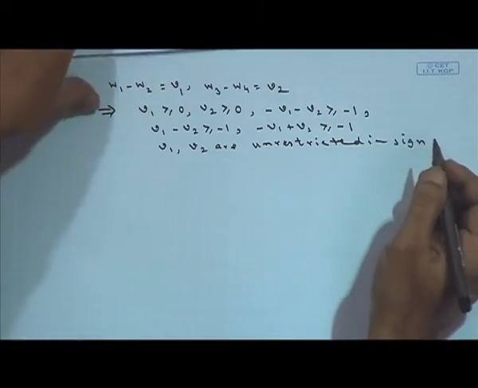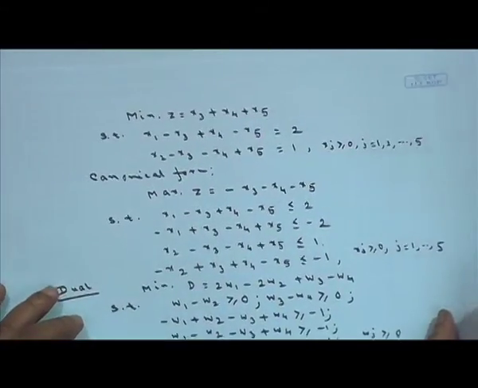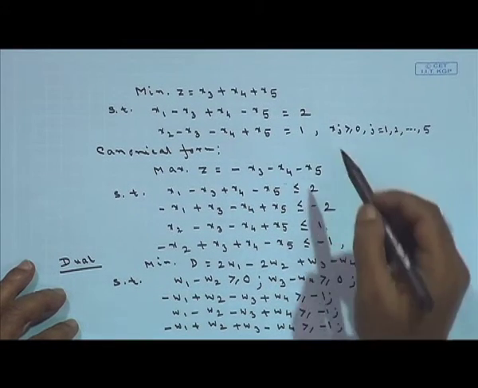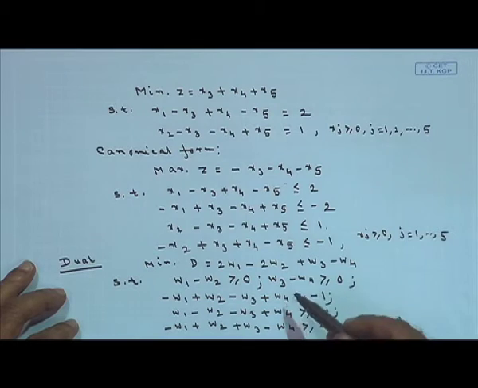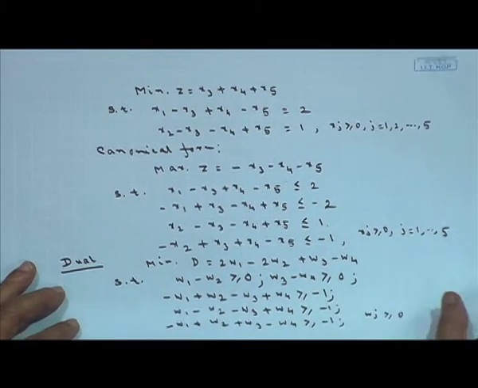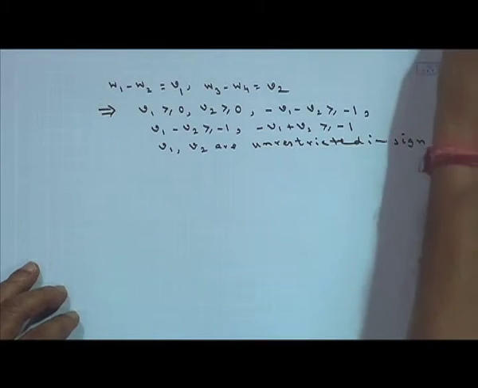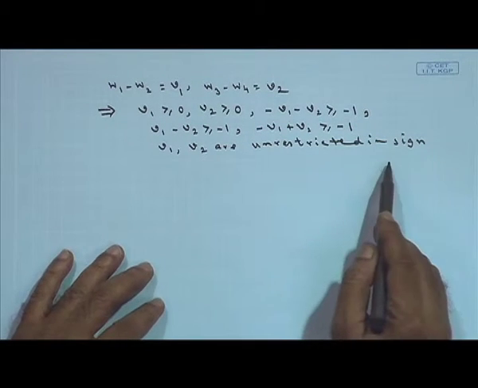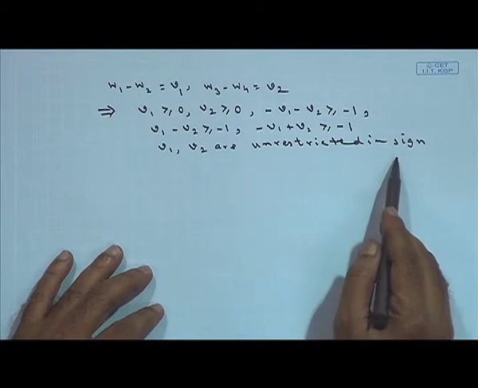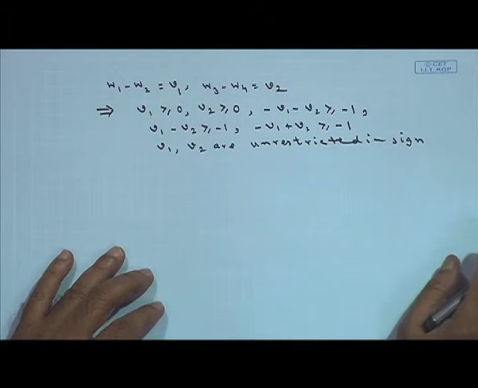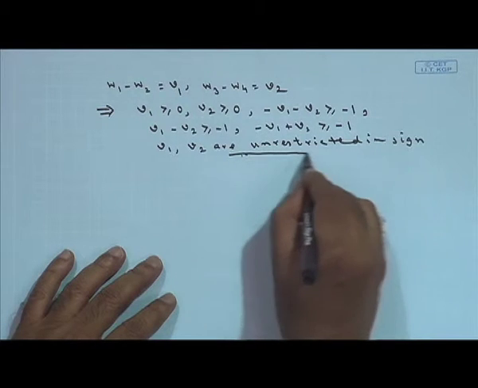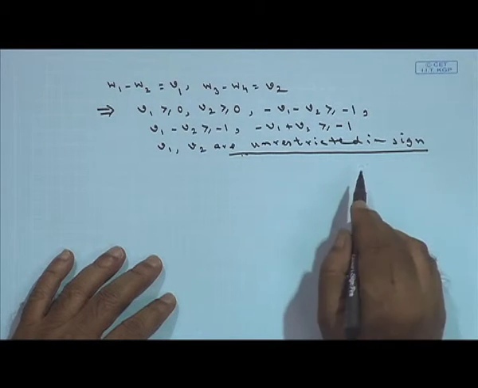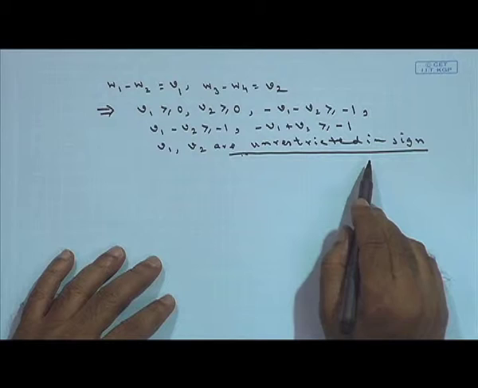If you remember, we stated a theorem originally that if I have two equality type constraints, then in the dual problem there will be two variables which are unrestricted in sign. So, V1, V2 are unrestricted in sign, we can say this, but here this condition of being unrestricted in sign is redundant.